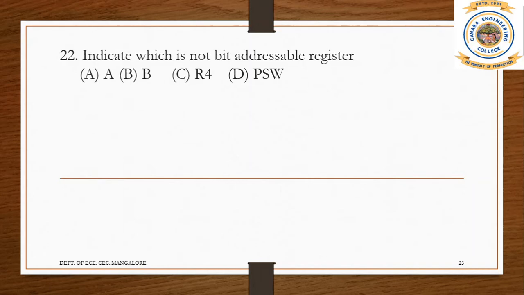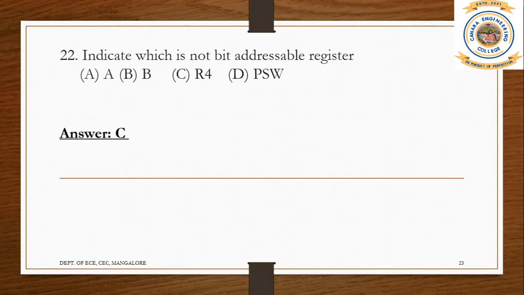You can go to that register and pick maybe first 4 bits, or pick maybe first bit only, pick maybe 6th bit only. So that provision is given by 8051. So which are the registers which supports it? You should know to answer such kind of questions. So here you have accumulator, B register, R4 register and program status word as options. So the answer will be C, because general purpose registers are not bit addressable registers.